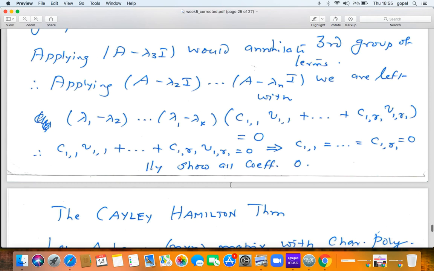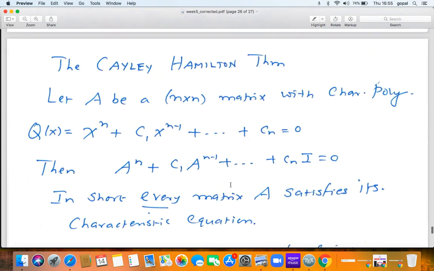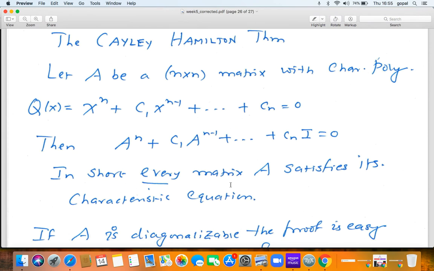Now let us prove a very important theorem called the Cayley-Hamilton theorem. You have already seen this theorem for 3 cross 3 matrices in your 12th standard.